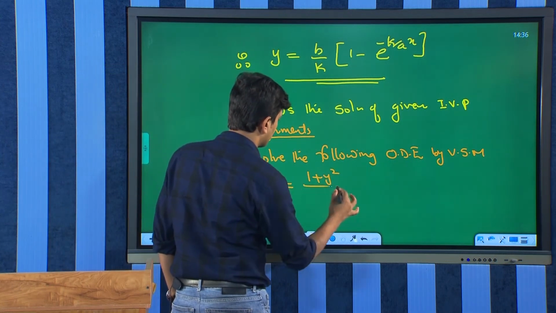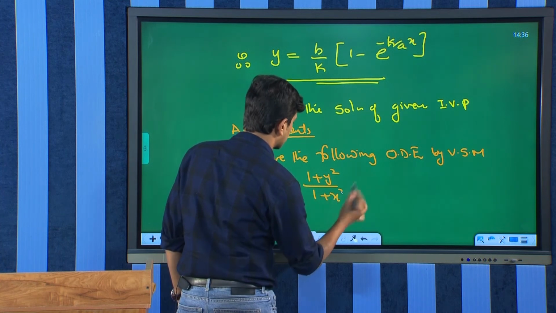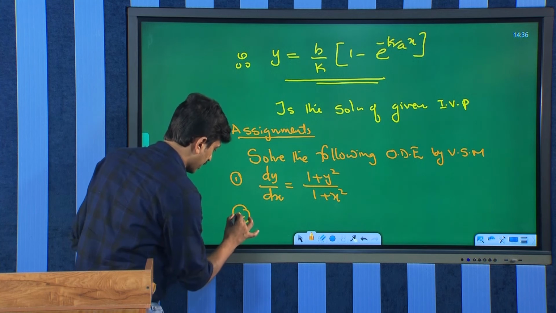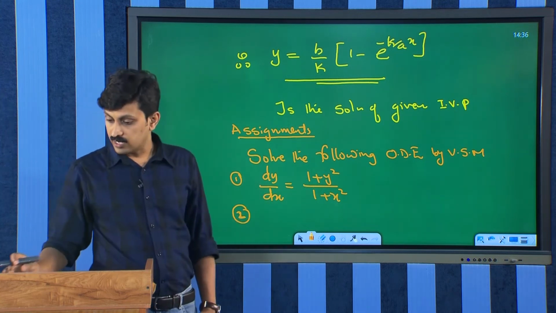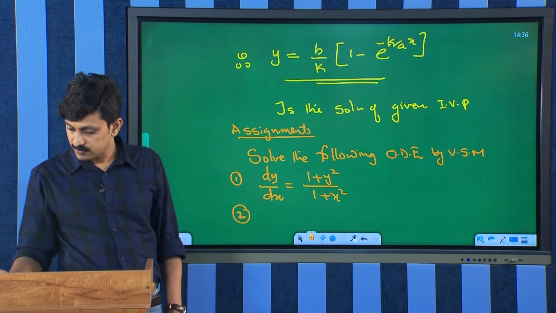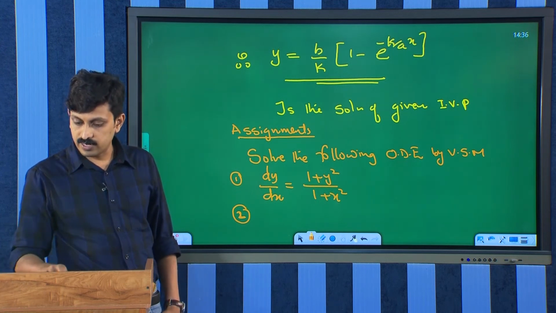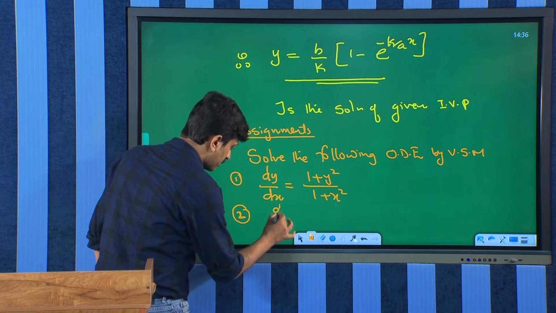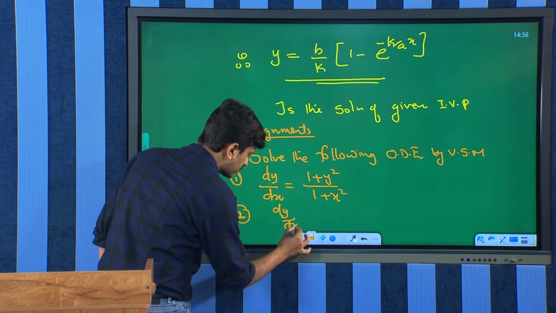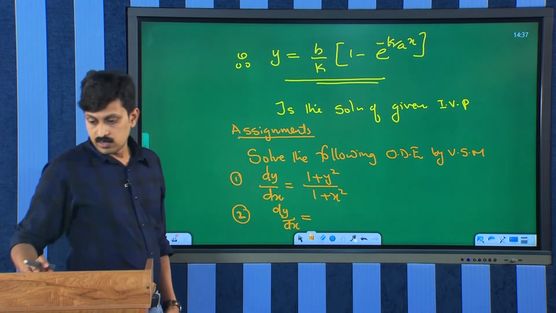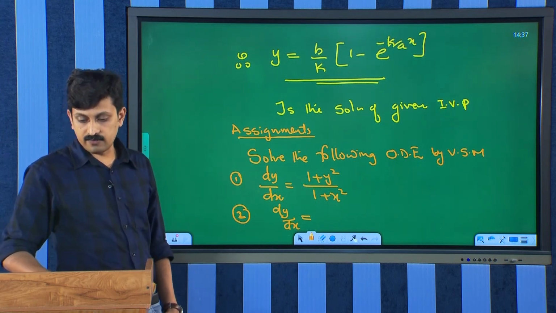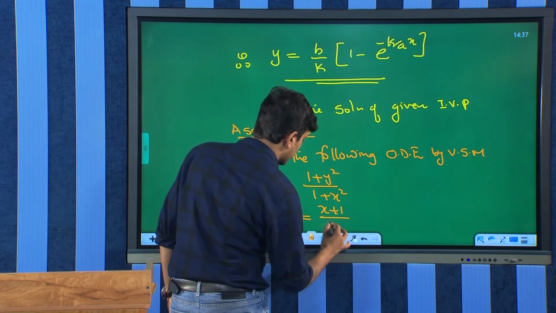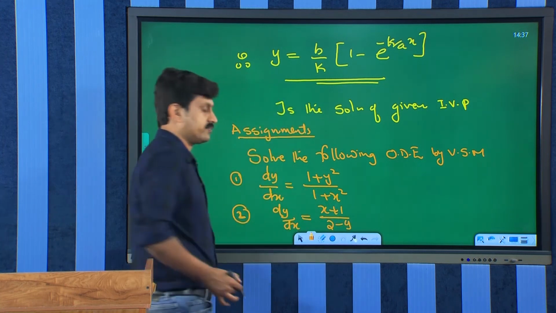Write down the second assignment question as dy by dx is equal to x plus 1 divided by 2 minus y.